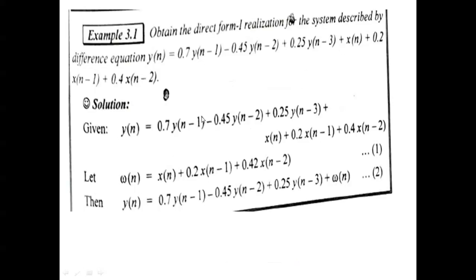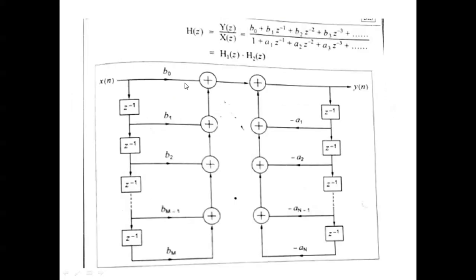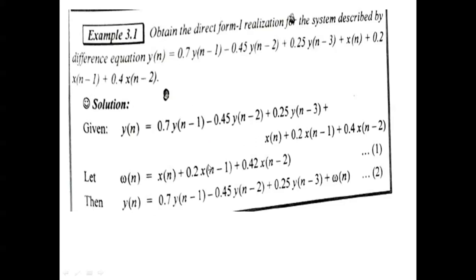Here is the example they show: obtain the direct form 1 realization for the difference equation y of n equal to 0.7 y of n minus 1 and so on. Using this difference equation, the solution is y of n equal to 0.7 y of n minus 1.